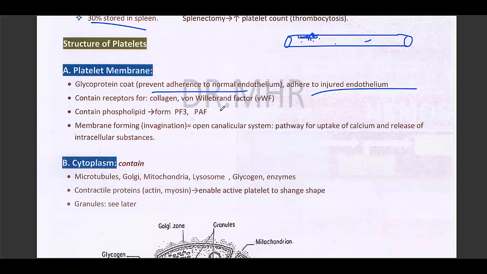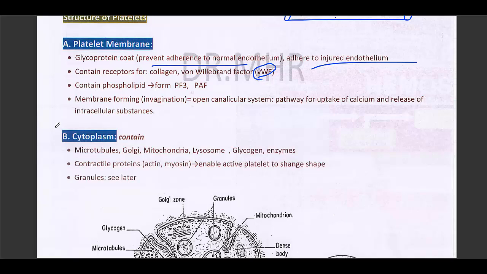So the coat contains many receptors for collagen and for von Willebrand factor. You can just call it VWF. It also contains phospholipids. The membrane forms invaginations, the open canalicular system, a pathway for uptake of calcium and release of intracellular substances. Now let's move to the cytoplasm.